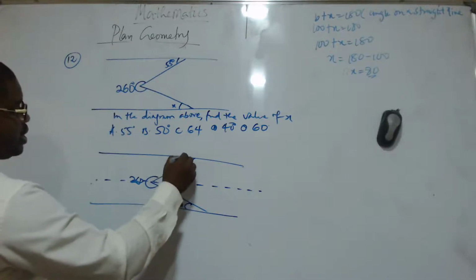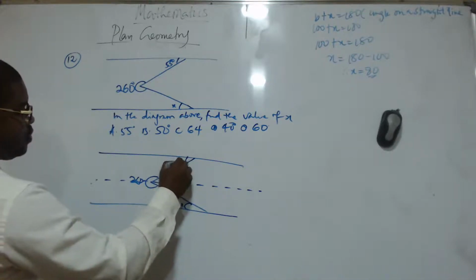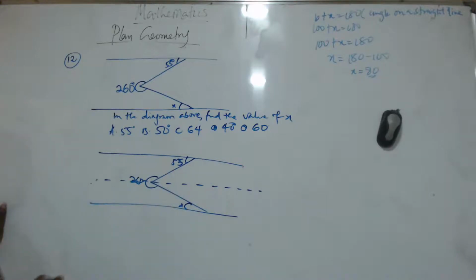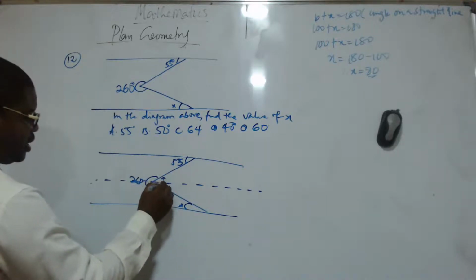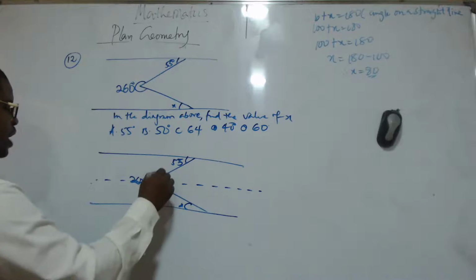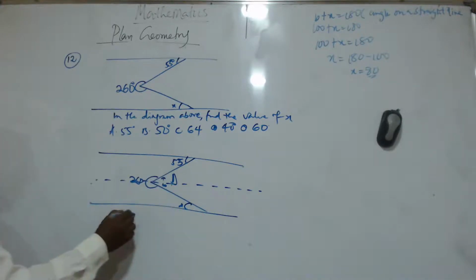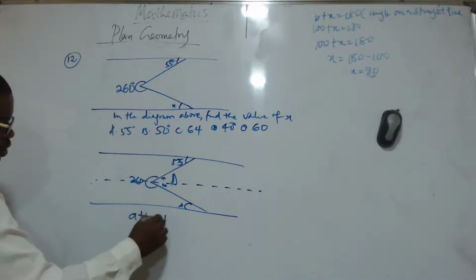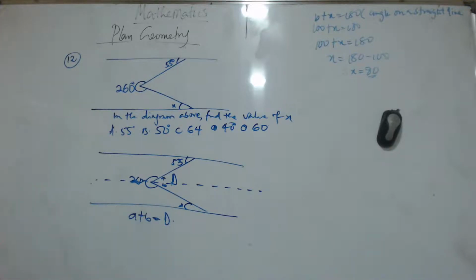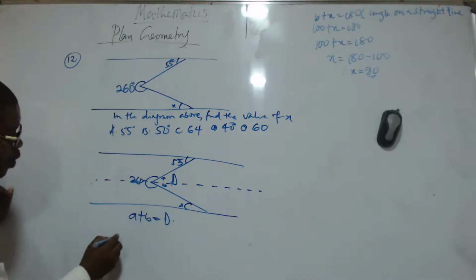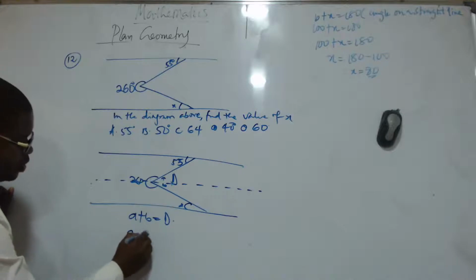X, yes. 55, if yes, A. Yes, B. So the addition of A and B will give us D. Addition of A and B will equal D. Right? Okay? So now our A is equal to what?